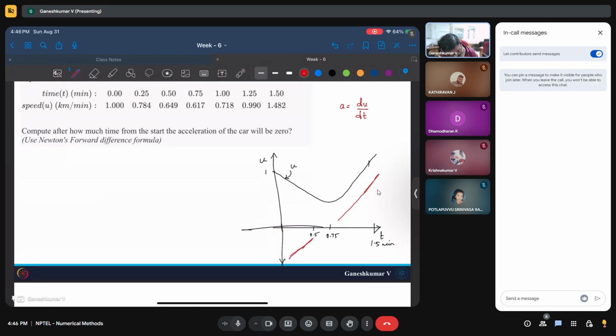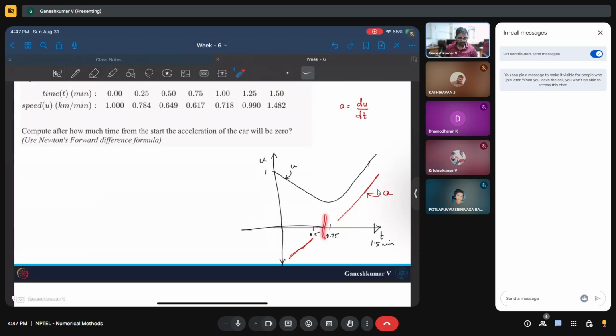Somewhere between 0.5 and 0.75, it is crossing the 0. So this is the acceleration curve. Somewhere here the acceleration crosses the time axis, which means it's becoming positive.